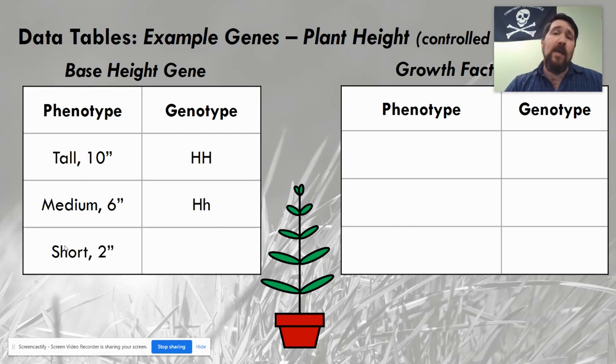And then the short plant at 2 inches will have the homozygous recessive trait of little h, little h. So, based on just this genotype, we have 3 different heights of plants: 2, 6, and 10 inches.